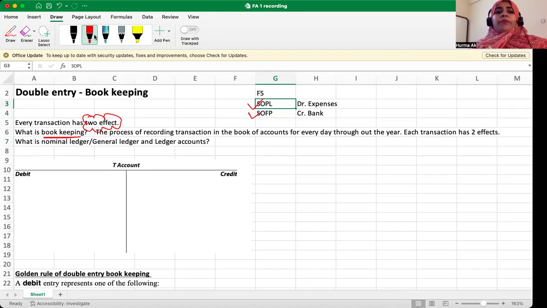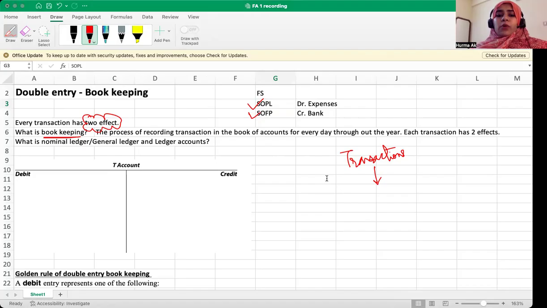What is the flow? First of all, you have transactions, right? And when every transaction gets recorded, it will be recorded in a book. You will keep an account of every transaction that you make.